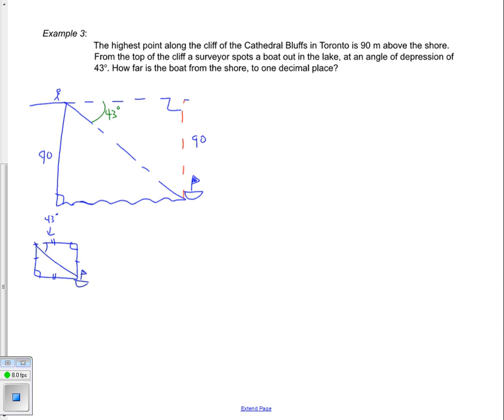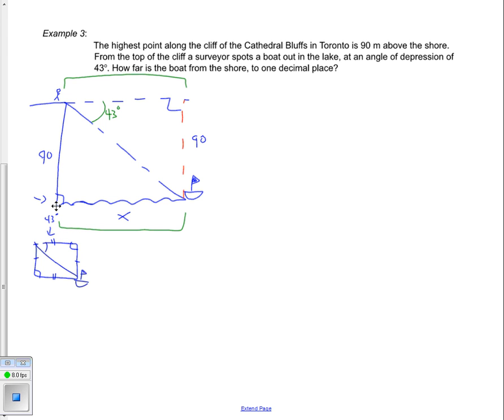Now we've actually drawn this out, so we can go through and figure out just how far away this is. We want to figure out the distance of the boat from the shore. If this is the shore here, then the distance from here to here is the same as the distance from here to here.